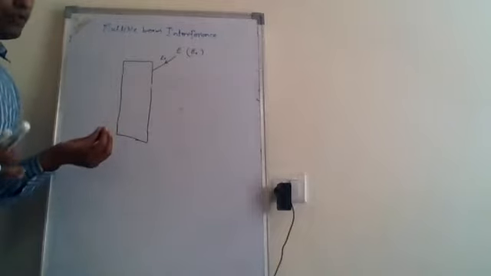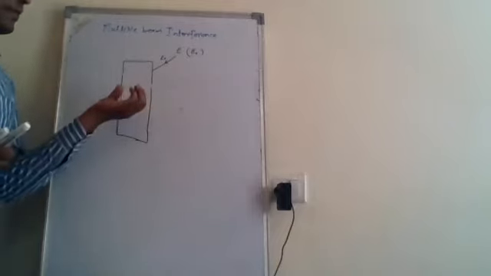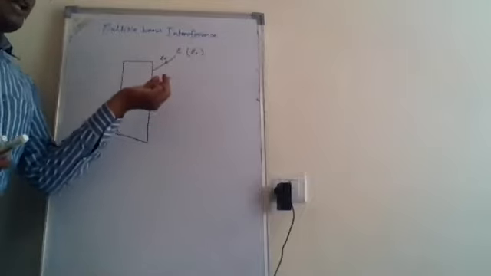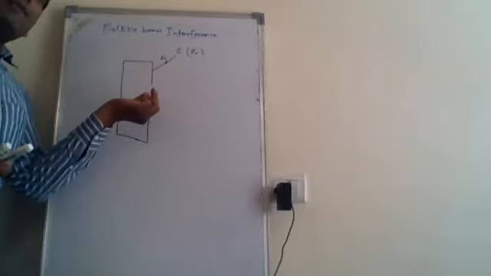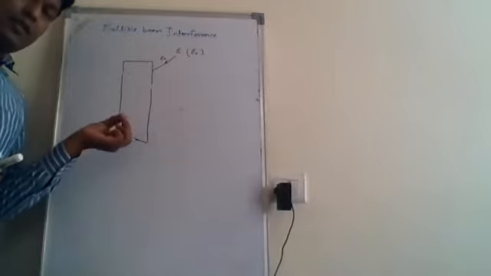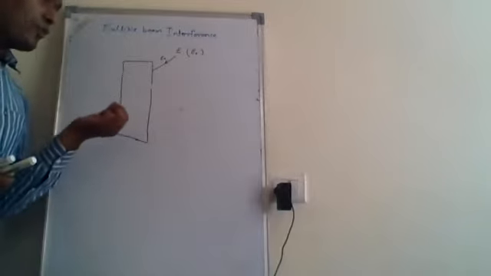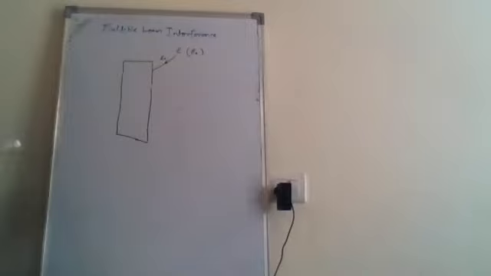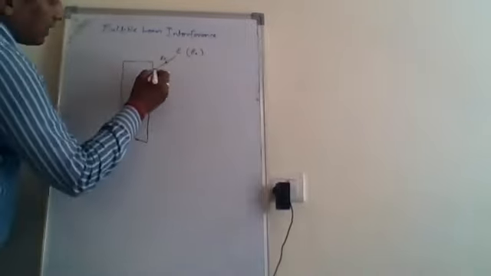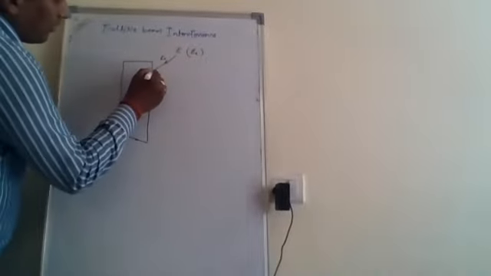Accordingly, the value of these coefficients defines how much light will be reflected and how much will be transmitted. So light will be incident on this, and it will be reflected.